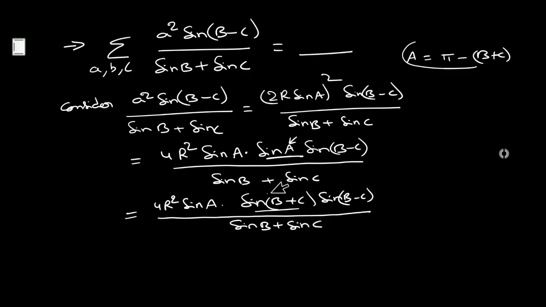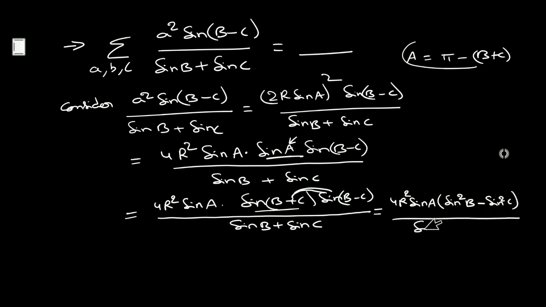Now if you see this, sin(b plus c) into sin(b minus c) can be written as sin square b minus sin square c. So 4r square sin a into, instead of this, I can write (sin square b minus sin square c) divided by (sin b plus sin c).